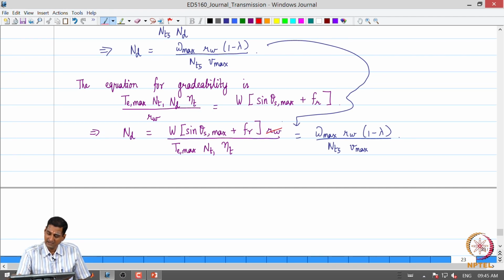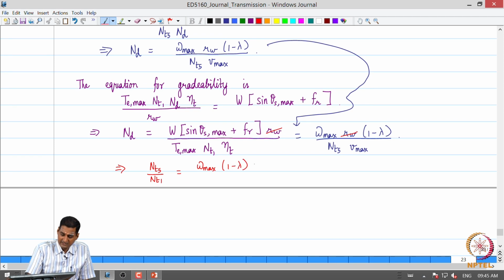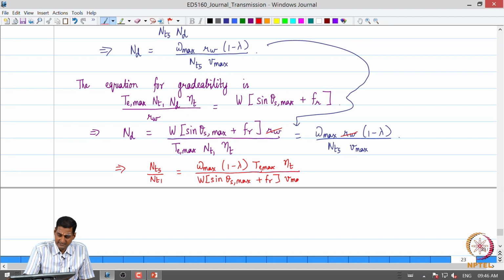We can immediately see that Rw cancels off, then we immediately have NT5 by NT1 to be equal to omega max 1 minus lambda Te max times eta T divided by W times sin theta S max plus Fr V max, right.